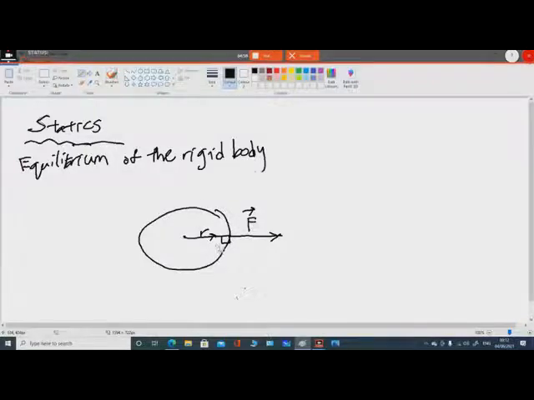As you can see, the direction of the force and the direction of the distance, from the center to the edge of the rotational disc, are parallel and in the same direction. So the angle between R and F is 0 degrees.